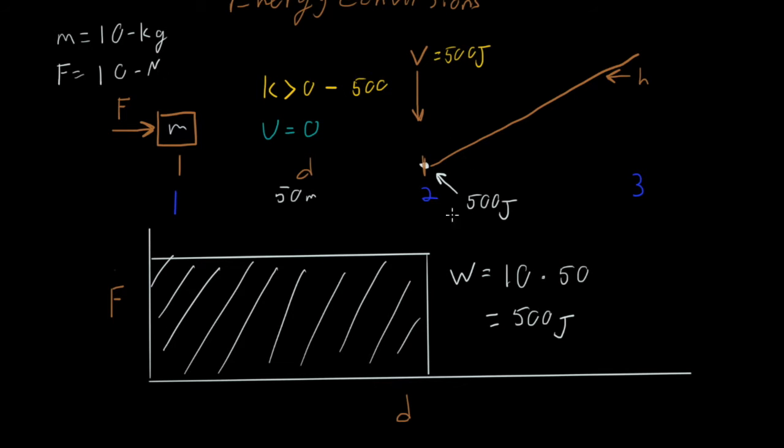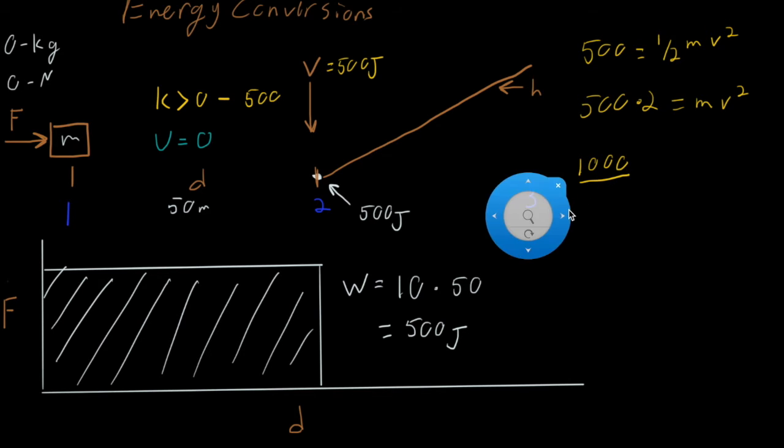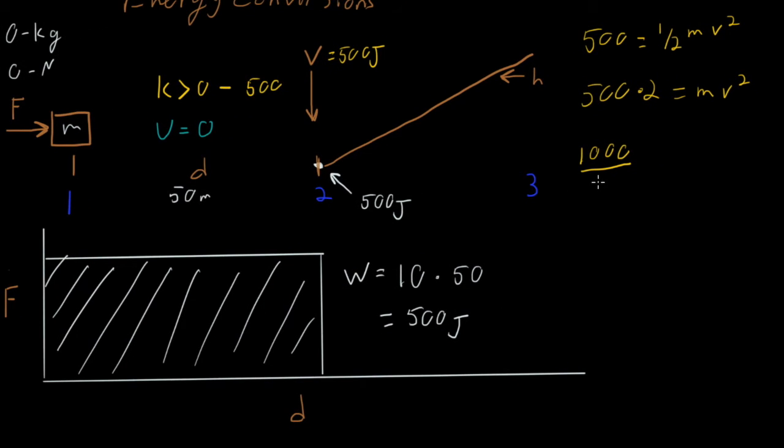And so if I have 500 joules of kinetic energy, what's that velocity going to be? It's going to be 500 joules equals 1/2 mv squared. So I'm going to take 500, multiply it by 2, times 2 equals mv squared, and that'll be 1,000 divided by my mass, which we defined as 10 kilograms, equals v squared.